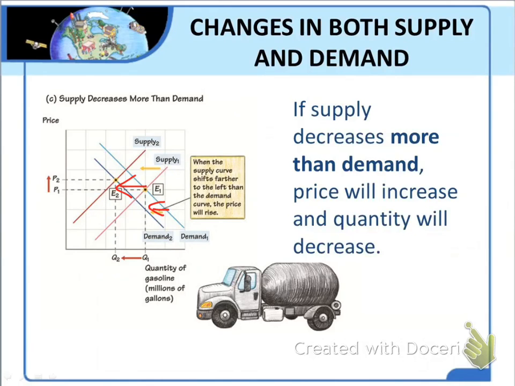And so even though they're still both moving in the same direction, because now supply decreases more than demand, price will increase in this case, and the quantity will decrease. So the magnitude of the shift of each curve matters as to whether the price will rise or fall.